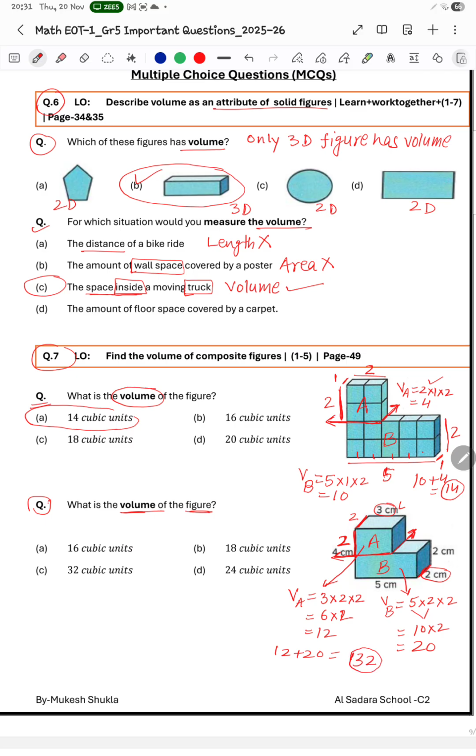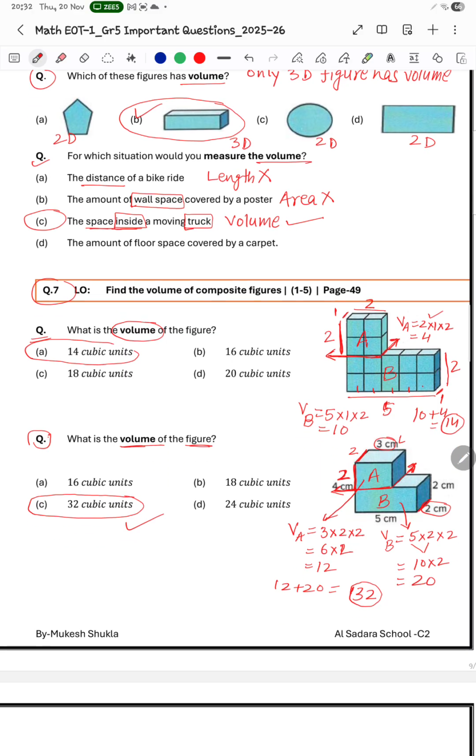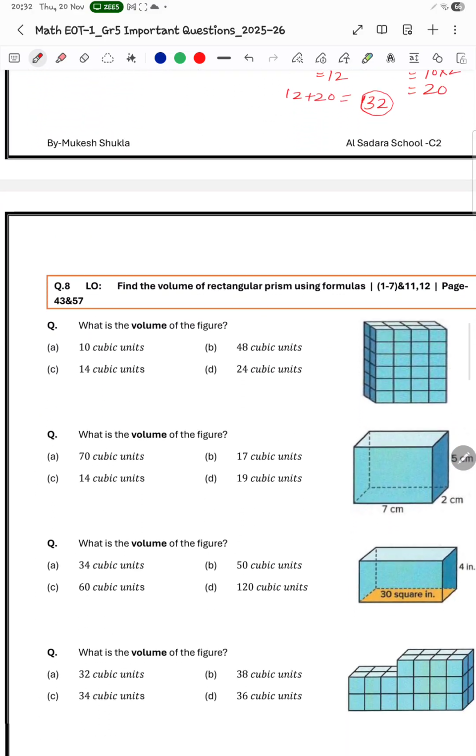This is your required volume. So option C will be my correct answer. So like this, we can find the volume of any composite shape. So we have many questions like this. Let's go on to the next.